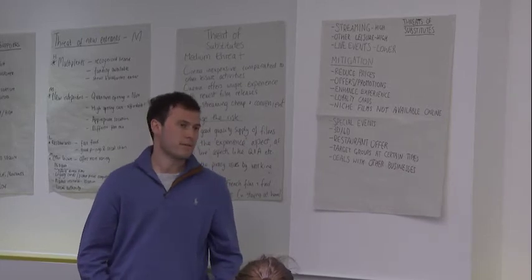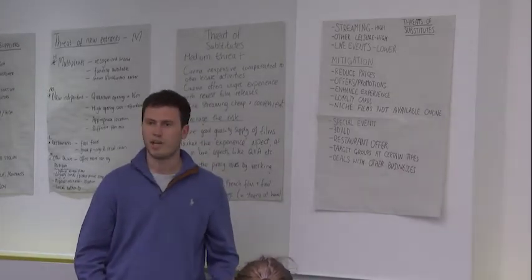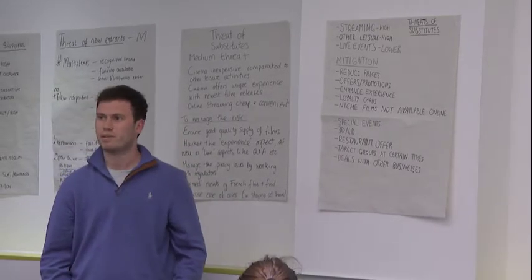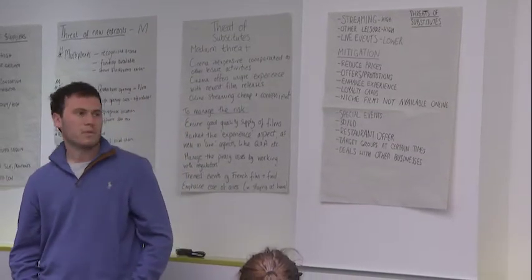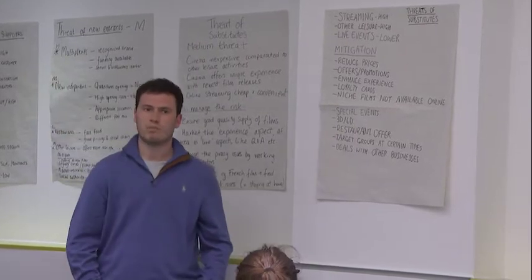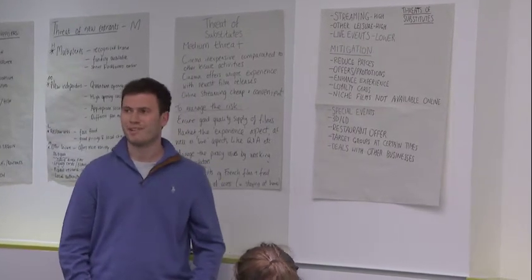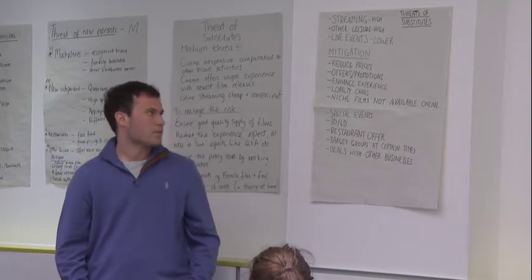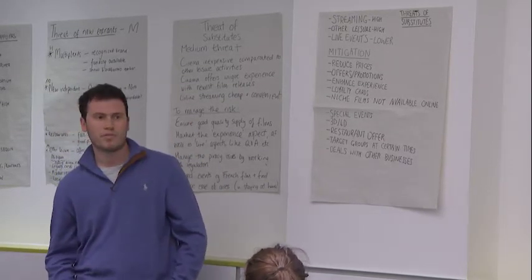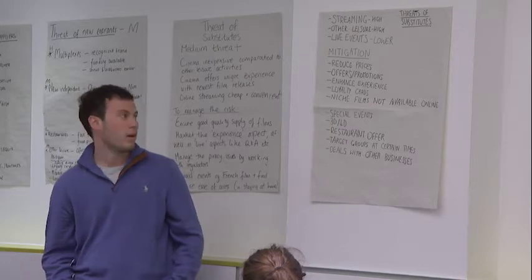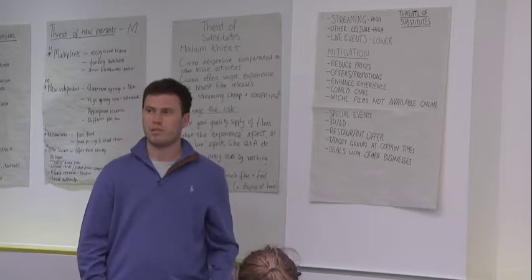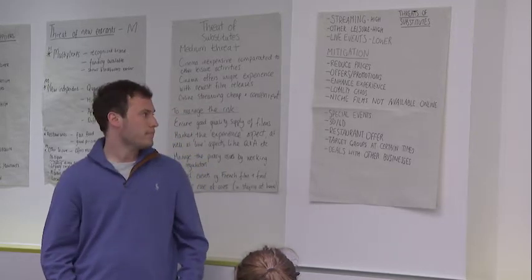Enhancing the experience, so things like comfy chairs, bringing food and drinks to your seats, to make going to the cinema like a real day trip, a good experience. Loyalty cards, so if you go 5 times you get the 6th free or something like that, to encourage you to come back to the cinema once they've drawn you in.